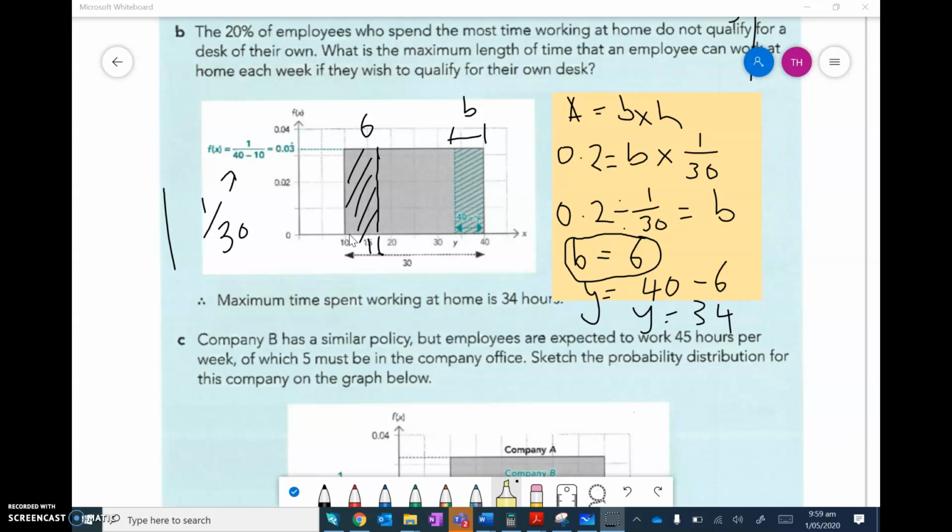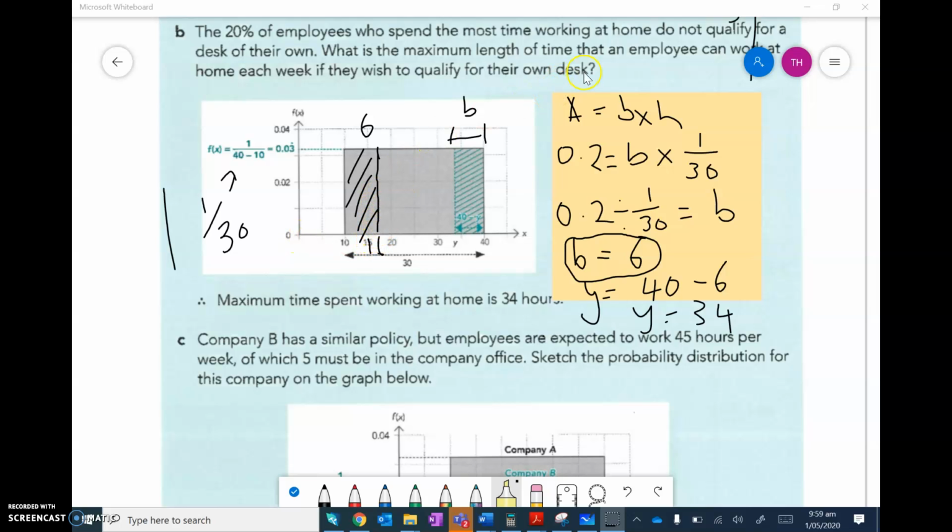And these people up to here are not spending that much time in the office, and that's the point of this question. They're not going to get a desk if they're not spending much time. So we actually want this bottom bit here. So that gives us 16 up to here. Now that's telling me the amount of time they're spending in the office is only 16 hours.